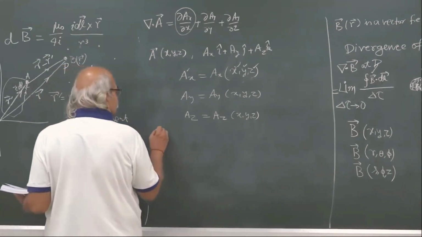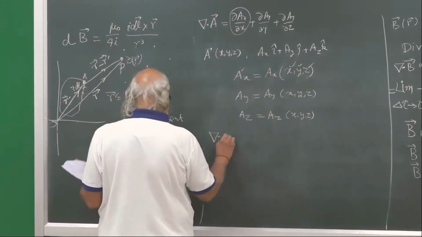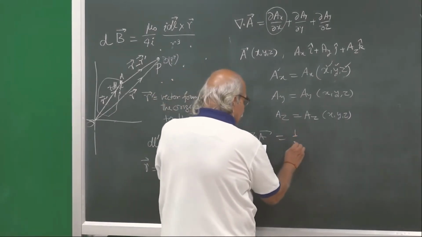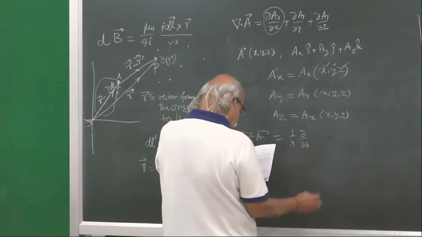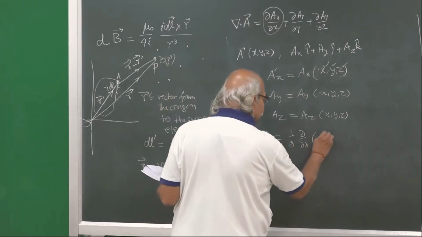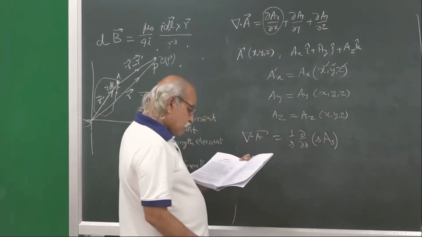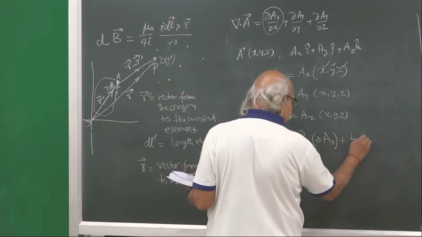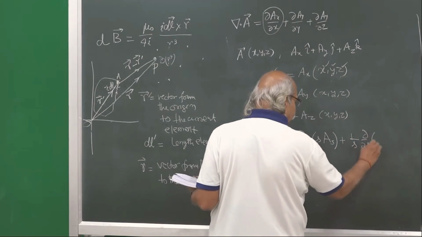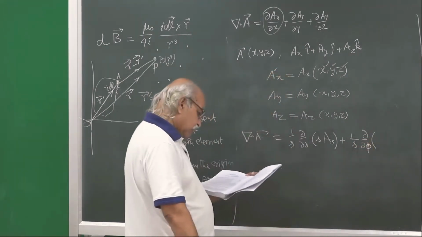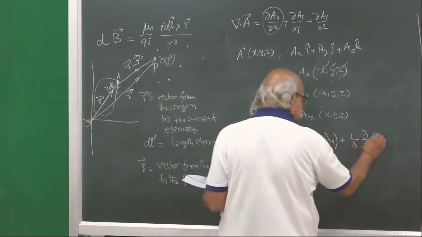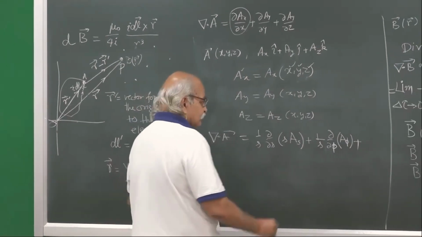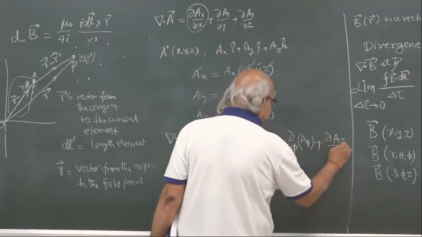For cylindrical coordinates, it is 1 by s, del s of s into As, plus 1 by s del phi of A phi, plus del Az del z.